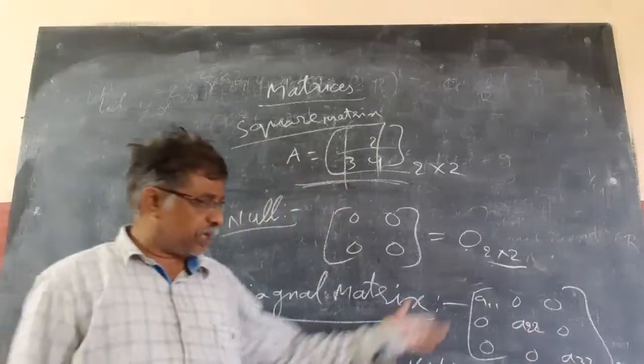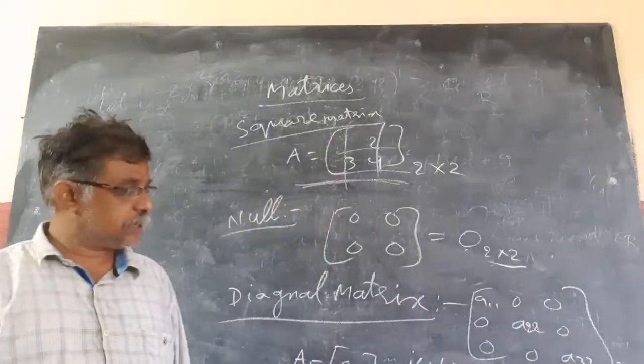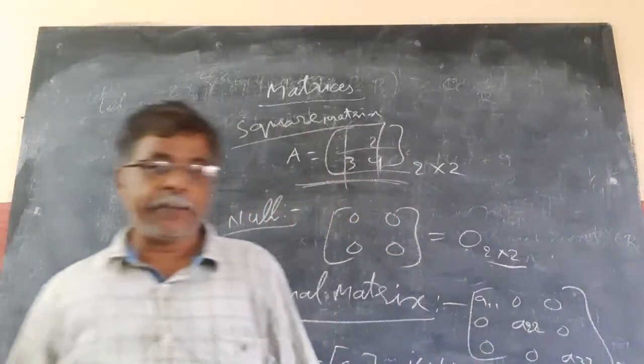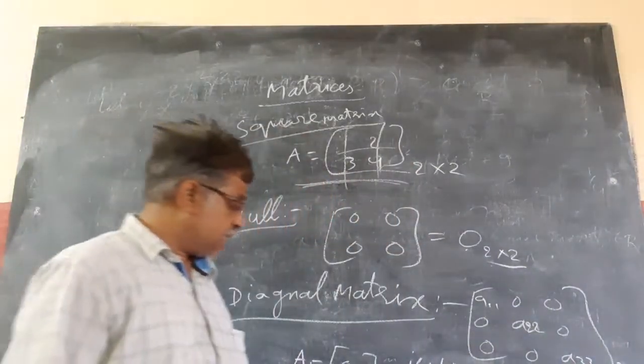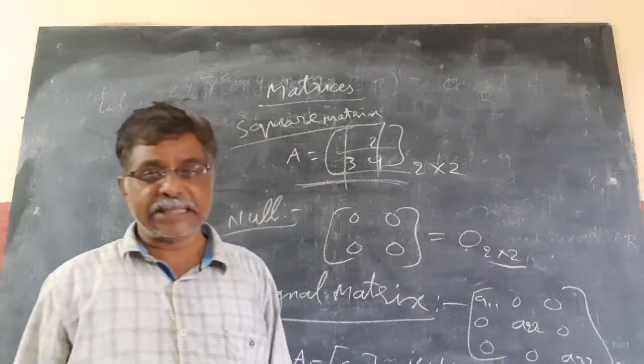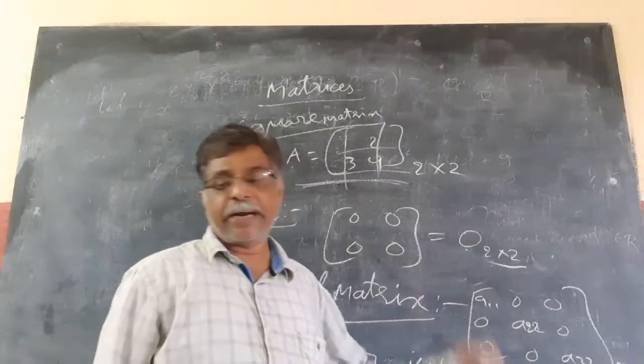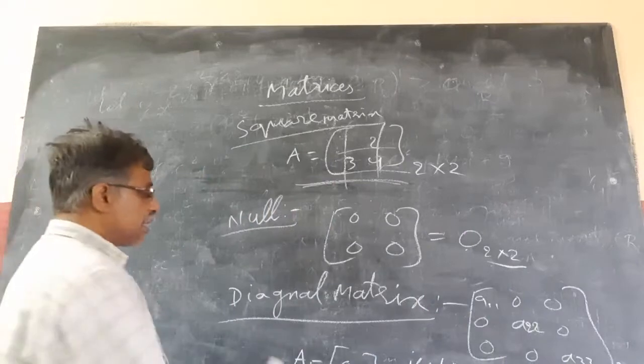If i equals j, which means the principal diagonal, there will be some element. If i is not equal to j, aij equals 0. Then such an A equals A of ij is called a diagonal matrix.